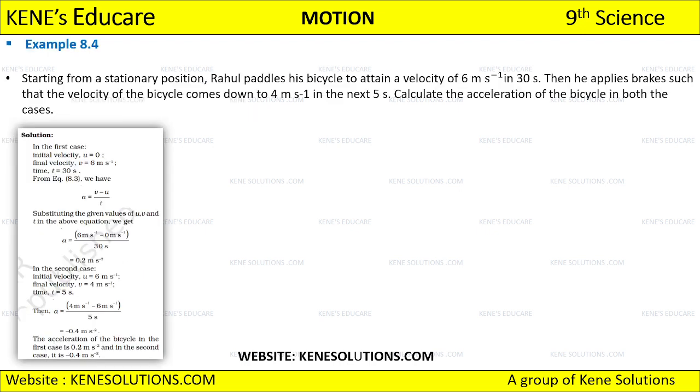Then we discussed this example 8.4 as well. So I hope you all are going through it.